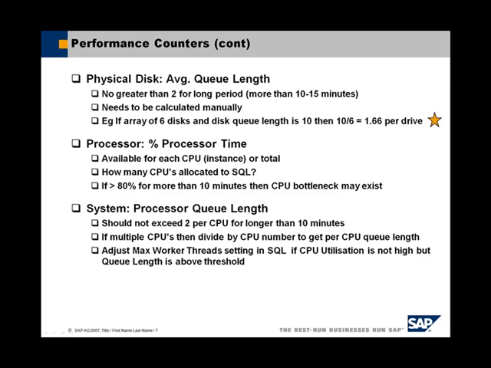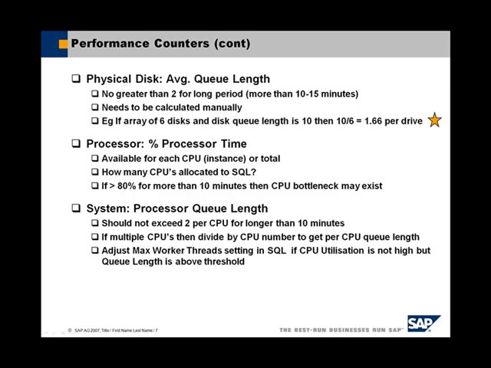Interestingly, sometimes you need to calculate this manually. For example, if you have an array of 6 disks in your machine, and your disk queue length is 10, as reported by performance monitoring, then you need to divide your disk queue length by the number of drives. So in this case, 10 divided by 6 gives you 1.66 as the counter per drive, which is less than our 2, so we get a gold star on that one.